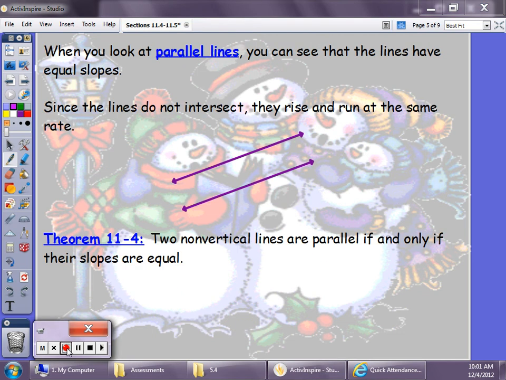When you look at parallel lines, you can see that the lines have equal slopes. Since the lines do not intersect, they rise and run at the same rate. Theorem 11-4 states that 2 non-vertical lines are parallel if and only if their slopes are equal.